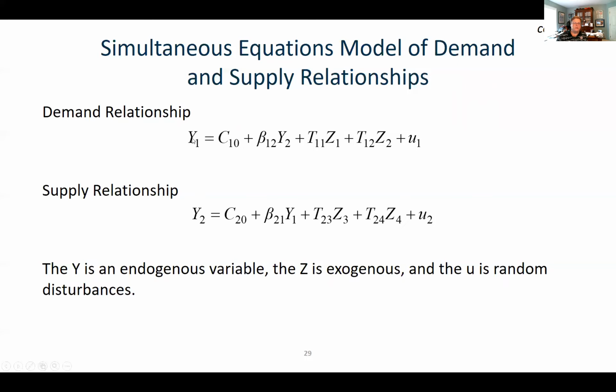So at the end of the day, these are important. Why are they important? Because they represent the nonlinear combinations of the structural coefficients associated with the predetermined variables and the structural coefficients of the endogenous variables. And the expressions represent the marginal effects for this system.